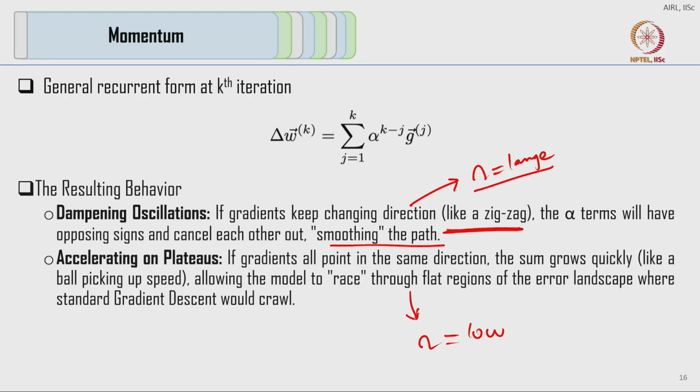If it is low, then we saw that the convergence is very slow. However, if the gradients all point in the same direction, the sum grows quickly, allowing the model to race through the flat regions, right? Essentially, when the gradient descent algorithm is very slow, due to the momentum, it would actually gain momentum and race through these regions.